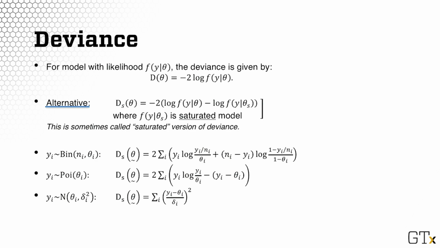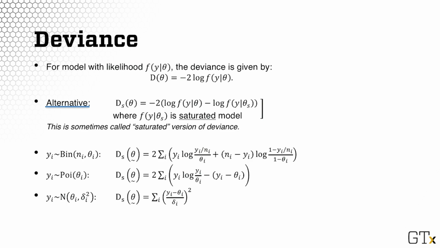There are two ways people define the deviance. There is a definition that says take the likelihood, take the log likelihood, and -2 log likelihood is the deviance. The alternative, so-called saturated version of deviance, calibrates this -2 log likelihood against the -2 log likelihood of the so-called saturated model, the optimal model, the model in which the data are modeled exactly.